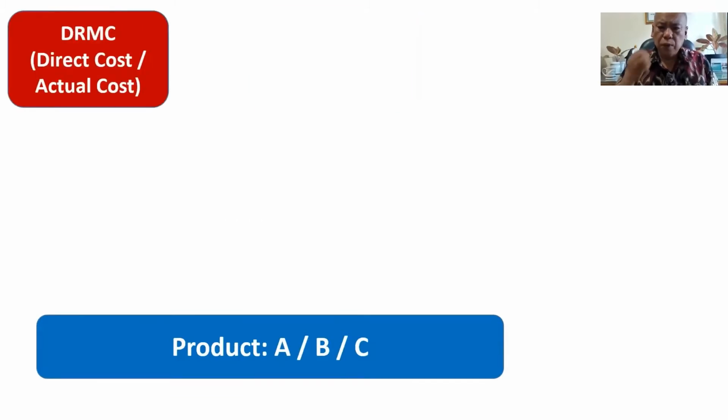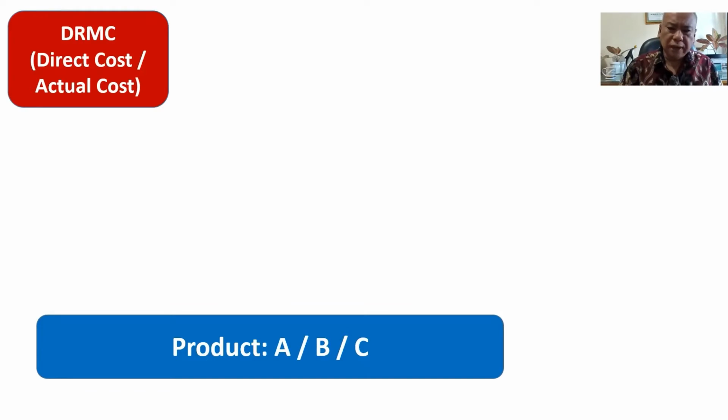For example, we produce several kinds of products: product A, product B, product C, and so on. Direct raw material costs are actually direct costs, as we already discussed in the previous discussion.